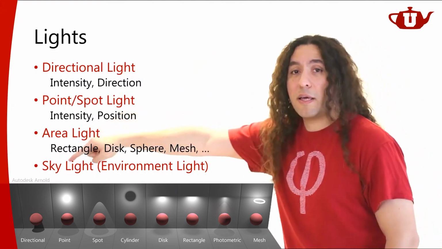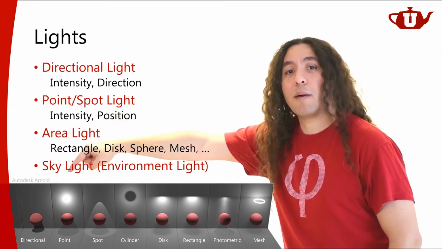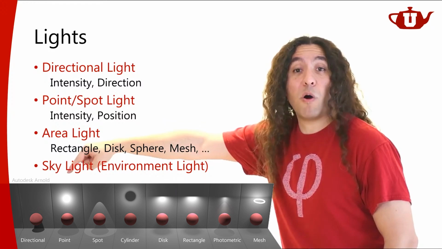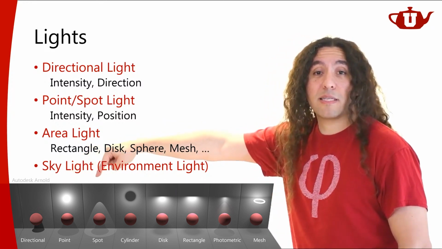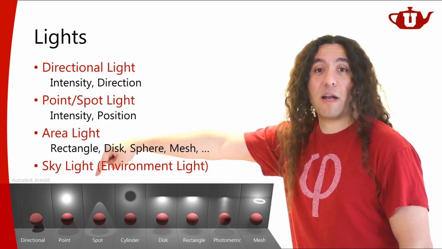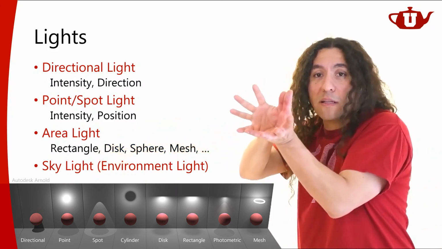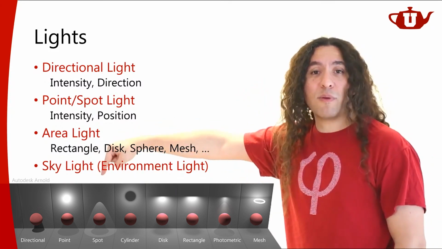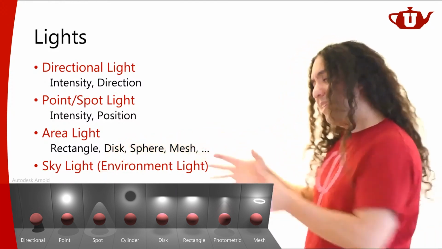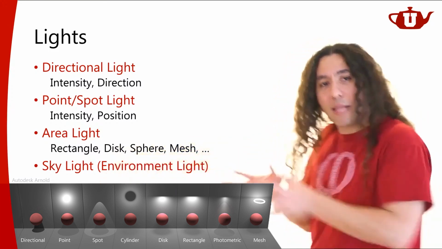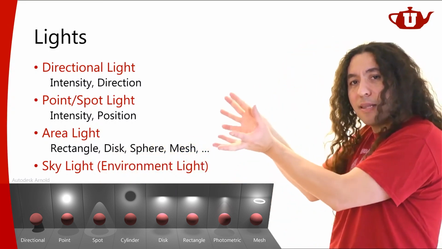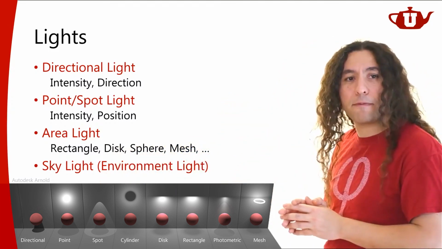As you can see over here, the point light example is illuminating the wall really nicely because it's illuminating in all directions. But the spotlight is very much like a point light with a spot angle around it. It's illuminating the wall, but not everywhere. It's illuminating only the part of the wall that is contained in that spot direction.